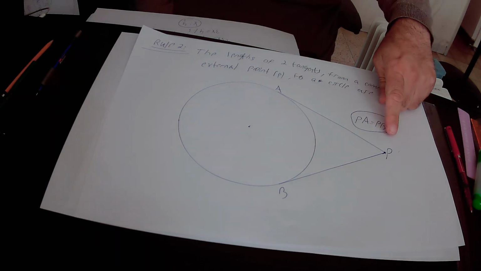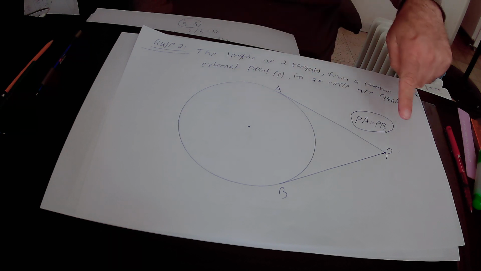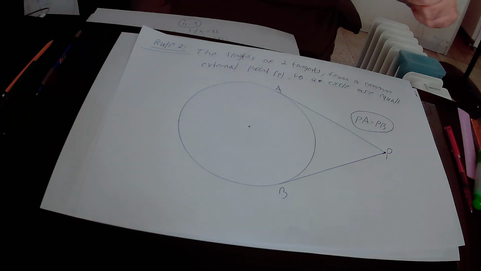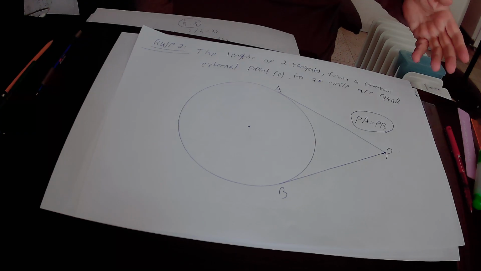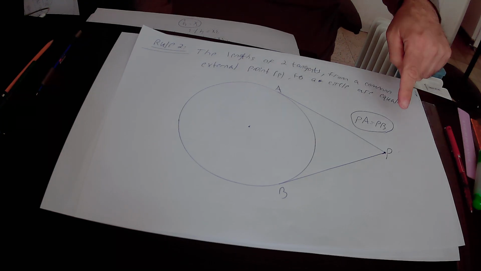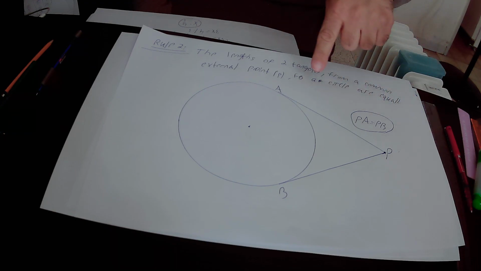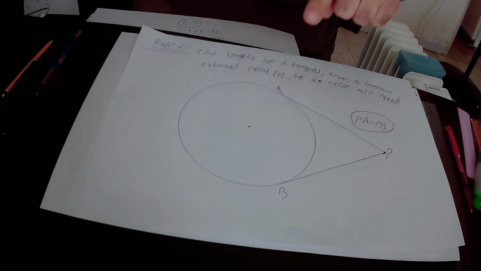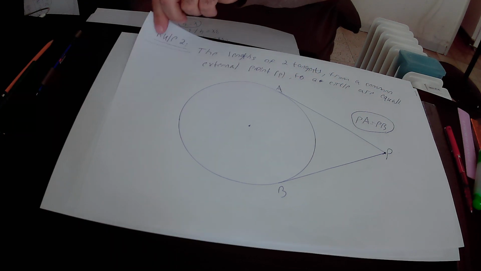From point P we draw two tangents to this circle. The first tangent is PA and the second tangent is PB. According to rule number 2, the lengths of those two tangents are equal to each other. That is to say PA equals PB. We can implement rule number 2 in our drawing.